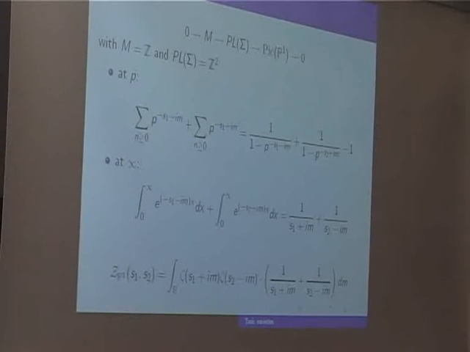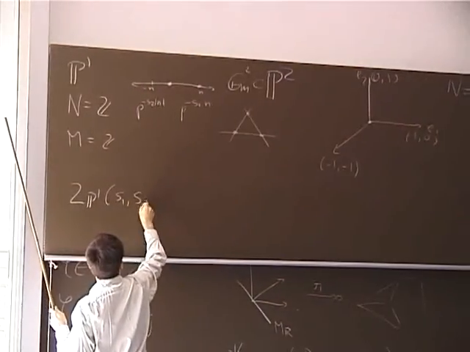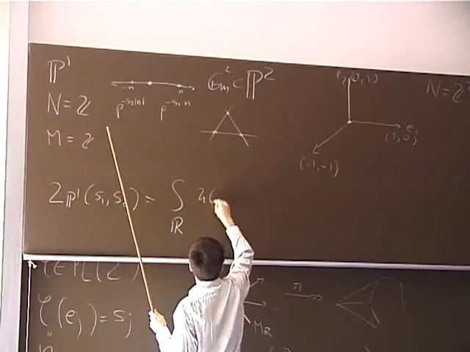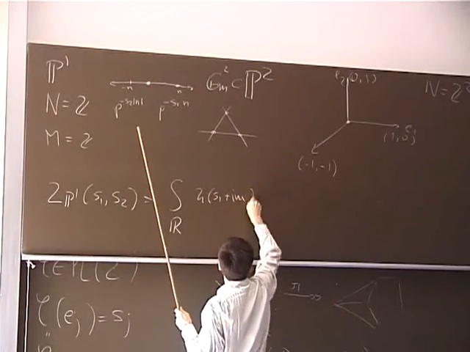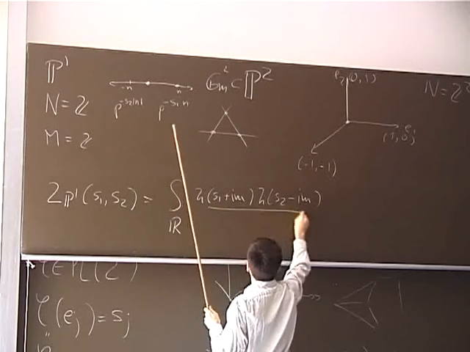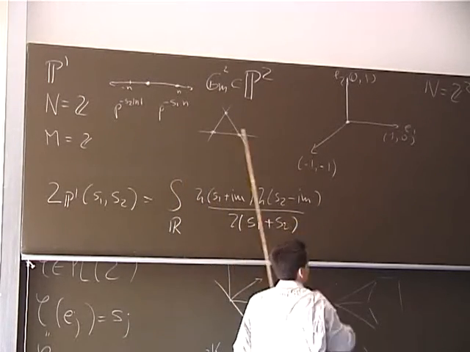So let me write it down here. So zeta of P1, S1, S2 becomes an integral over R. So zeta S1 plus im, zeta S2 minus im, and then divided by zeta S1 plus S2.